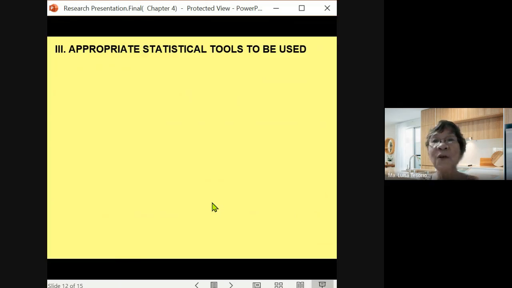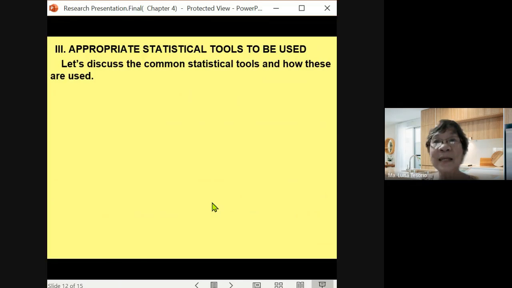The next part of our discussion is about the appropriate statistical tools that you may use during your analysis of the collected data. Let's discuss the very common tools that you can use.